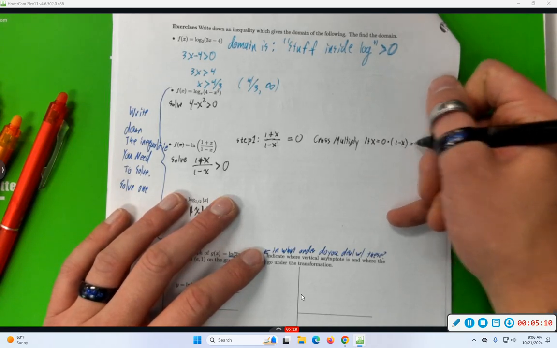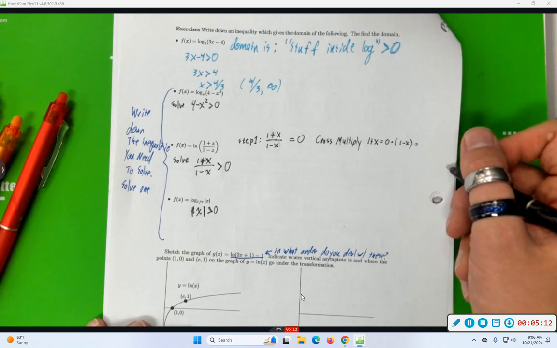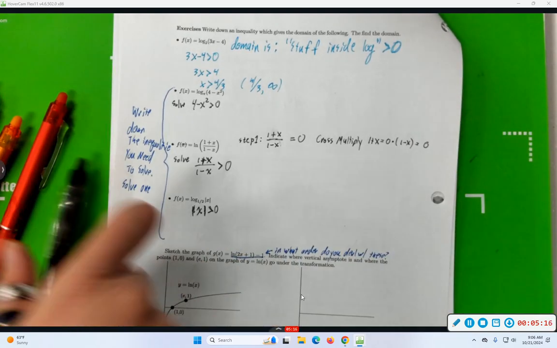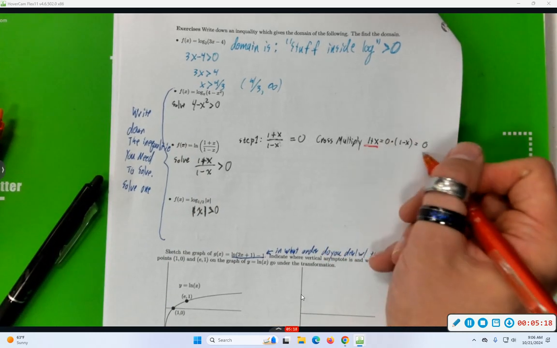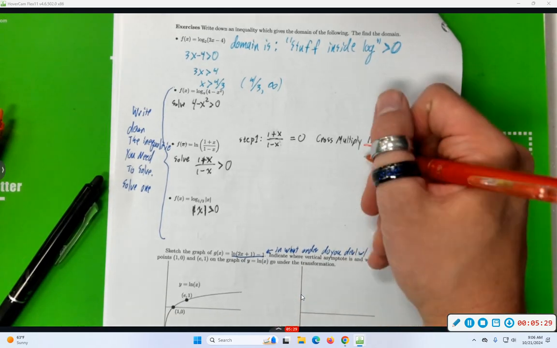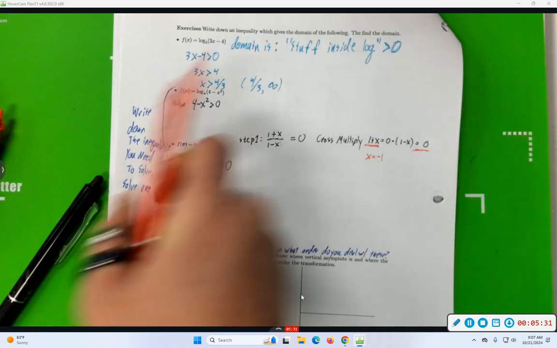But what's 0 times anything? Nice. So it's just 1 plus x equals 0. So what is x? -1. Cool. All right, there's step 1.